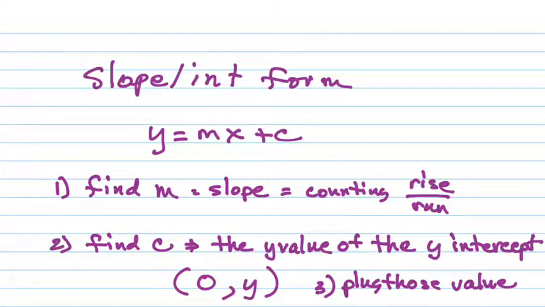Substitute those values into the form, making sure you're very careful about signs and putting them in the right spot. Slope goes in place of m. c is the y value from the y-intercept. So if you can count, you can do this. Okay? So plug them in or substitute them, whichever term you like.